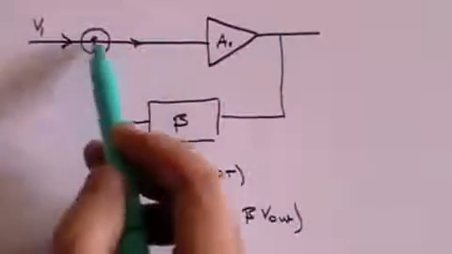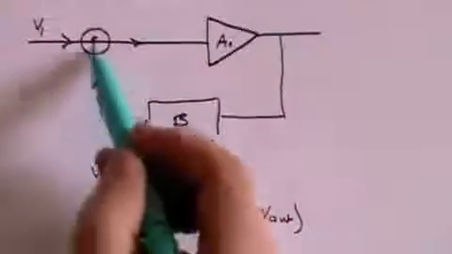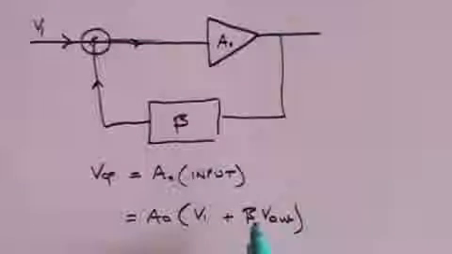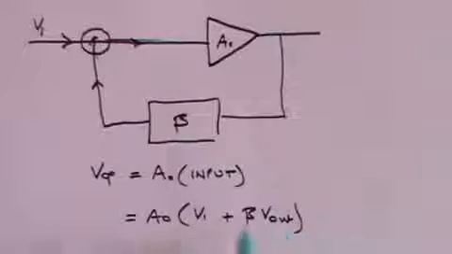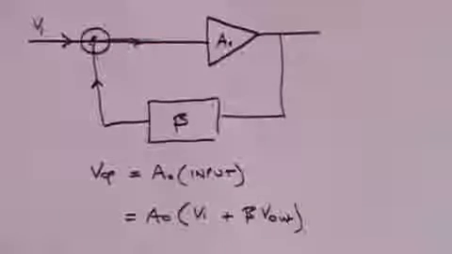So not only have you got the input voltage, but you've also got a proportion, beta, of the output voltage being fed back in again. So the total input is V in plus beta V out.